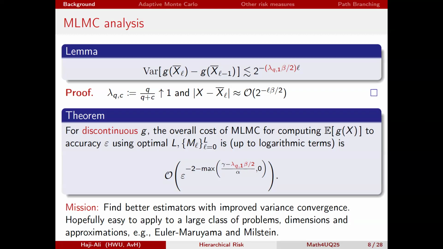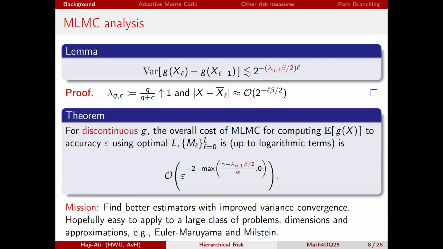And this can be seen because for this G, the discontinuous G that is, most of the time this difference is going to be 0, right? Because we have a discontinuity, the indicator is either 1 or 0, and the difference is going to be mostly 0. It's only when these two approximations are straddling the discontinuity that we have a difference of 1, and so that should be multiplying the probability of being that close to the discontinuity, such that the two approximations are straddling it.